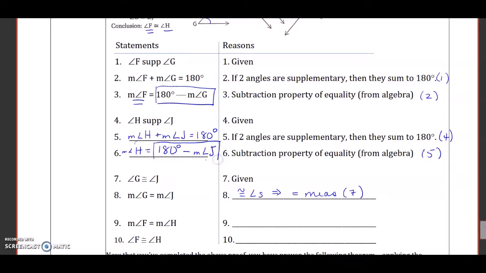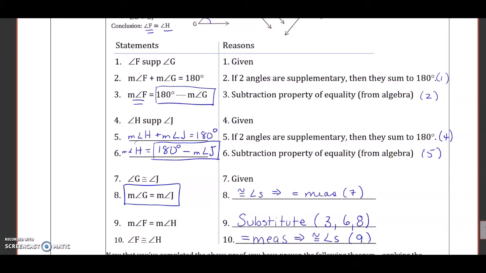H is equal to that. And looking at line 8, G and J are equal. So now by substitution, I can use lines 3, 6, and 8. And then if angles have equal measure, then they are congruent angles.